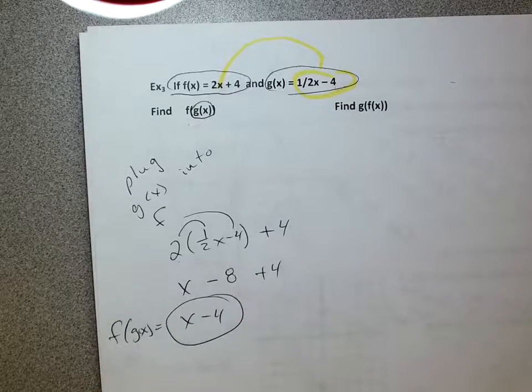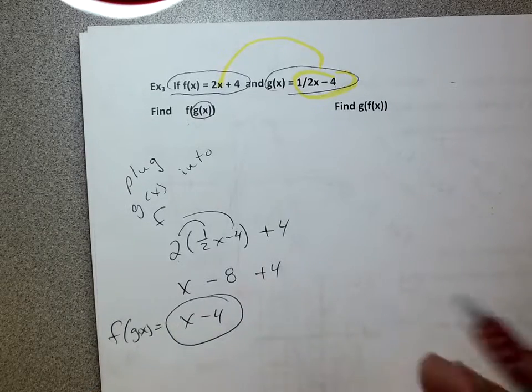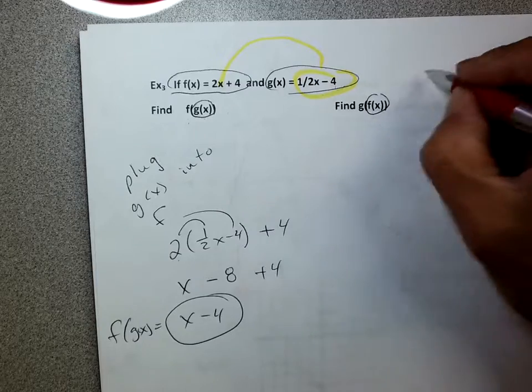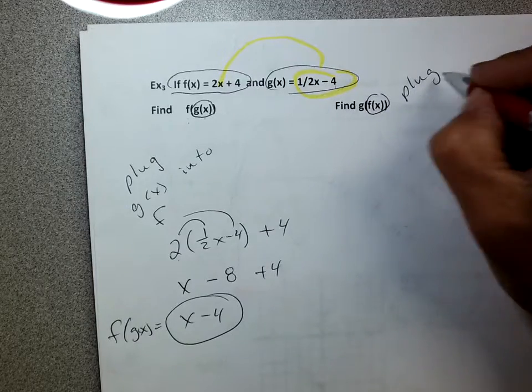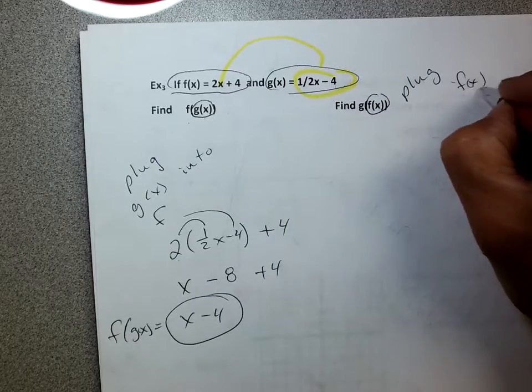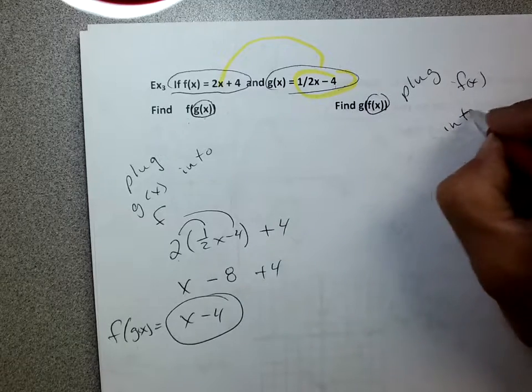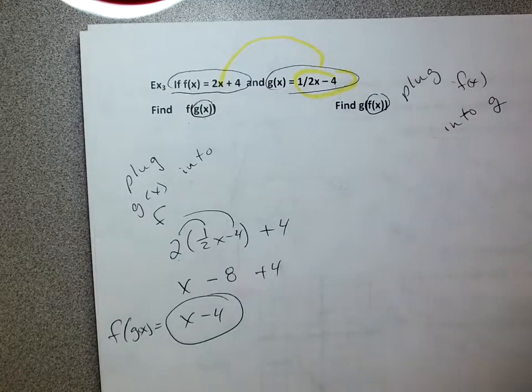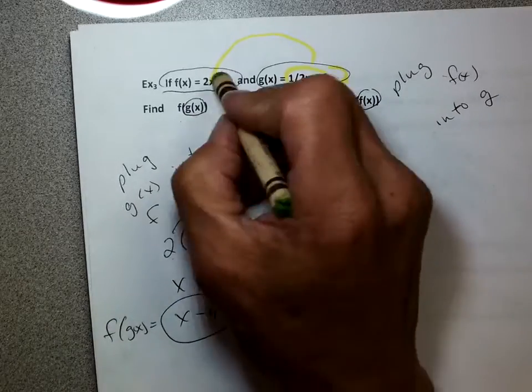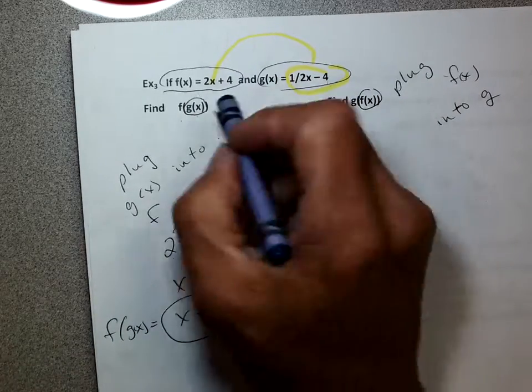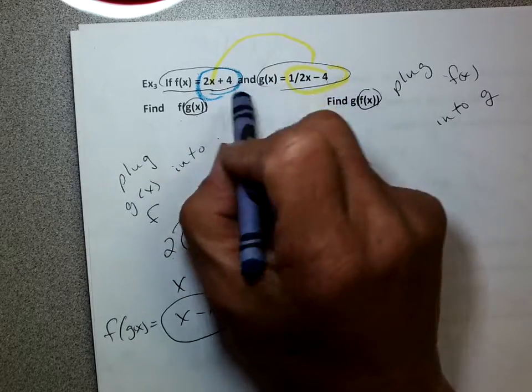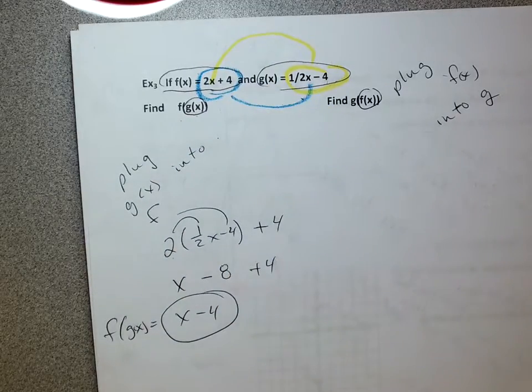Now, if I want to do just the opposite in this one, we're going to plug f of x into g. Okay, so I'm going to take, and I'll use a different color to show this, I'm going to take my 2x plus 4, and I'm going to put it in right there, okay?